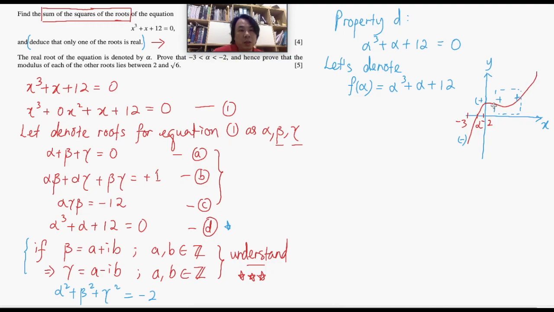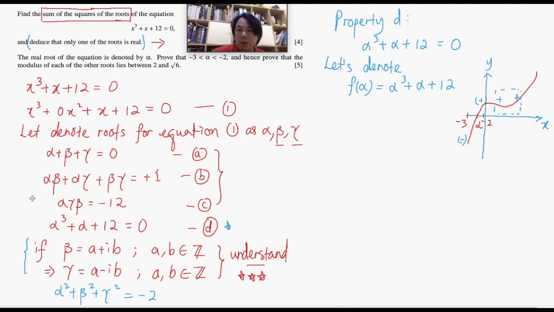There is no chance that this graph would actually dive down to the negative section here. So we're going to use a very basic understanding of change of sign to test whether the actual real root is lying between -3 and -2.